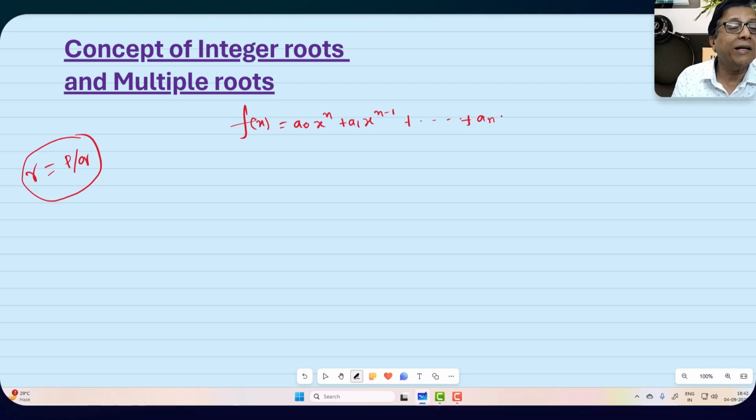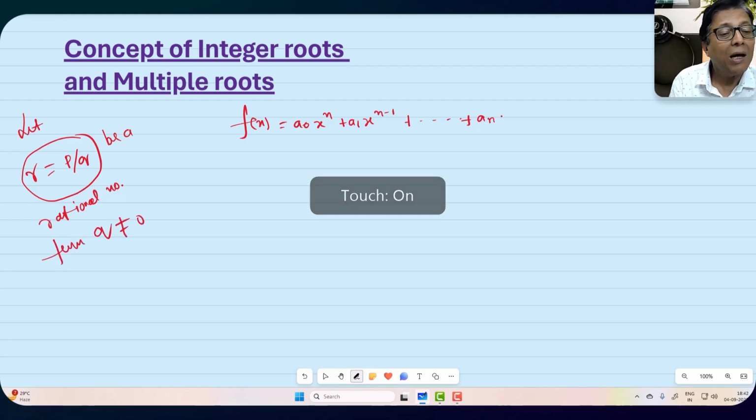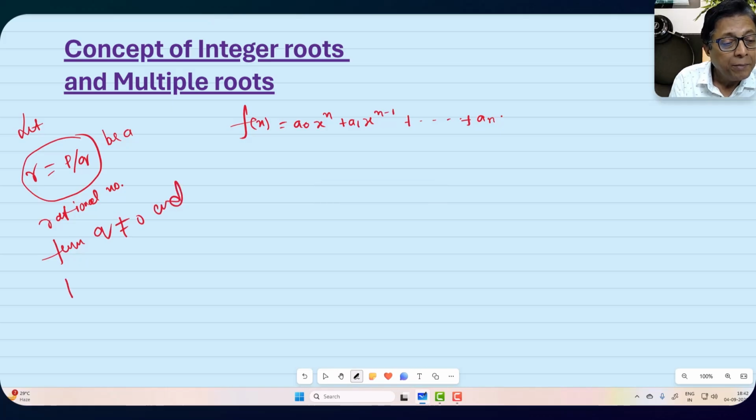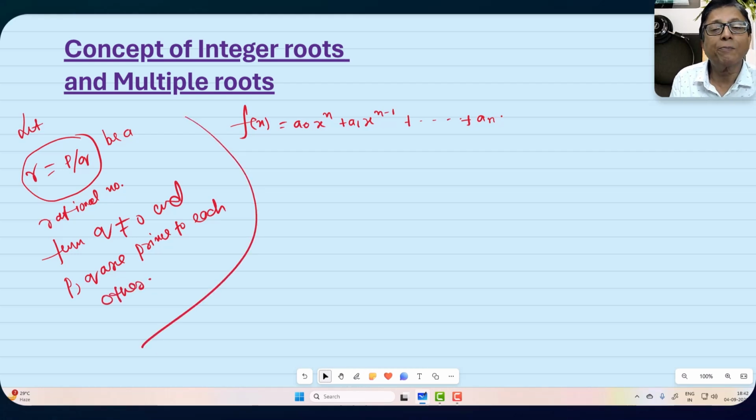Initially when you are saying let r equal to p by q be a rational number, then you know q is not equal to 0 and p, q are prime to each other. P and Q are prime to each other.